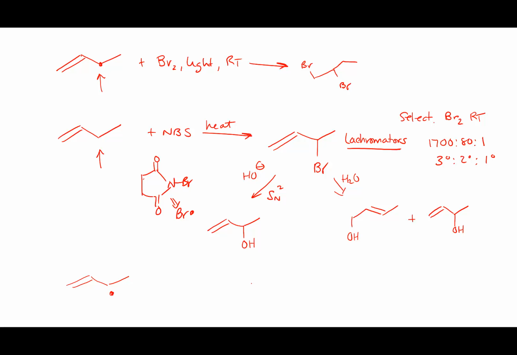Okay. So when we brominate, we're going to brominate at the allylic position. Now, why am I going back and talking about that? Because in an aromatic compound, when we're talking about the side chain, meaning the alkyl group that's attached to the benzene ring, this carbon is not the allylic position, it is called the benzylic position.